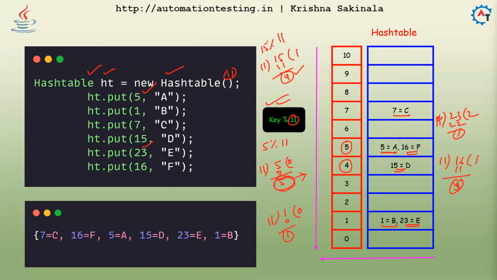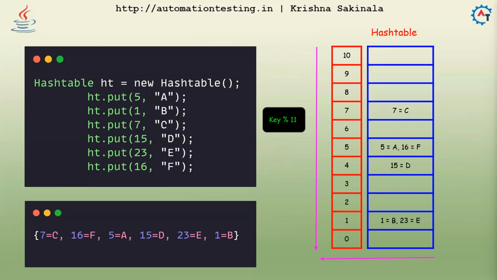It placed here. Now how it is printing here, there also one rule is there. What is that? So from top to bottom, okay, top to bottom it is coming. So 7 equals to C first, okay, then coming here we have 2 here, then again confusion.